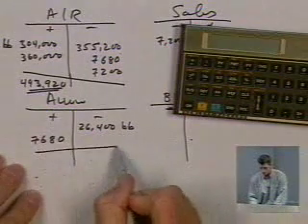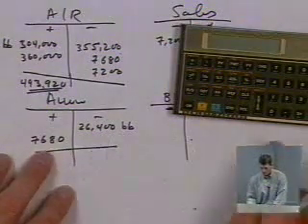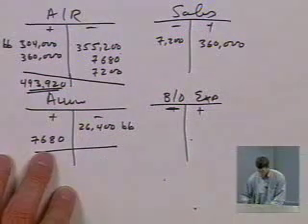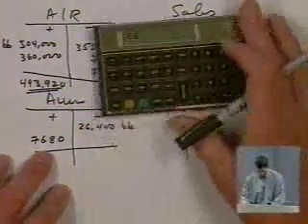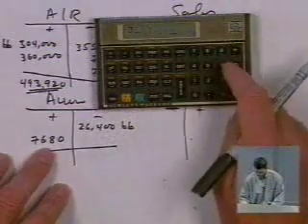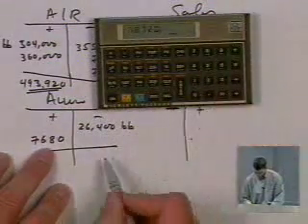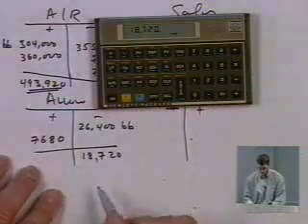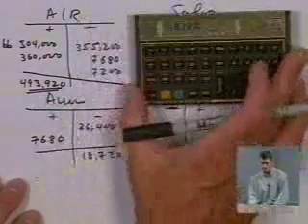So before we make the adjustment as of the end of the year, the allowance account, 26,400 less 7,680 is 18,720. That's before our adjustment.